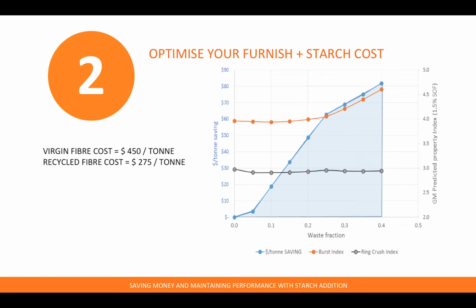And you can see that the dollar per tonne saving increases as the waste fraction increases. But the actual performance of predicted property index, in this case it will be burst and a compression strength, remain pretty much the same, and in the case of burst actually increase.